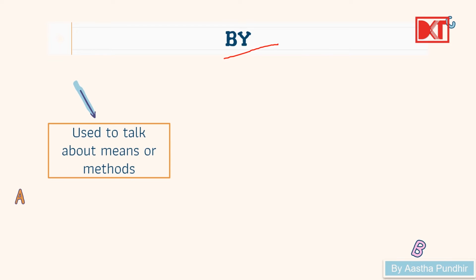So the next example is of the preposition "by". When is this used? First, it is used to talk about any means or methods. Let's see which ones. For example, we are going to Delhi by airplane. Okay, by airplane. What is the method here? Airplane.